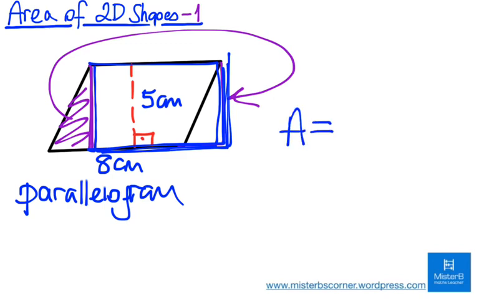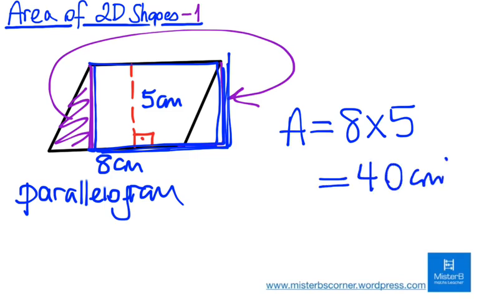The area is going to be 8 times 5, which is 40 centimeters squared. Because this part is 8 centimeters, I'm going to put it here, so the side length does not change. This is still 8 centimeters, and this height is the same as this side length. So the area of a parallelogram is the same as the area of a rectangle.